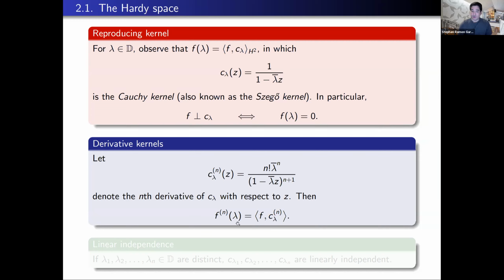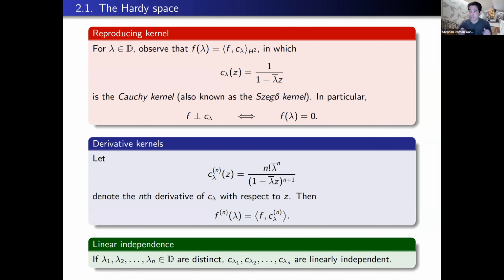So the nth derivative of a Hardy space function at lambda is given by taking the inner product of your function against these modified Cauchy kernels, just the derivative of C lambda with respect to Z the appropriate number of times.